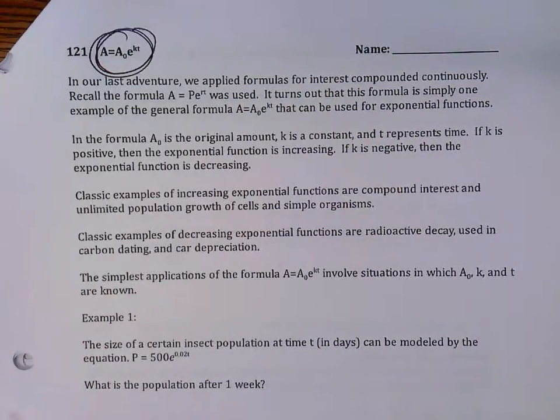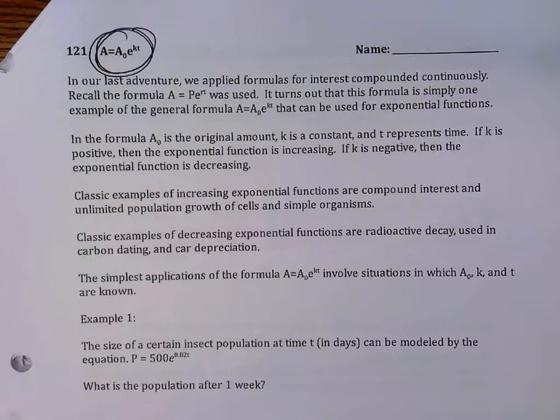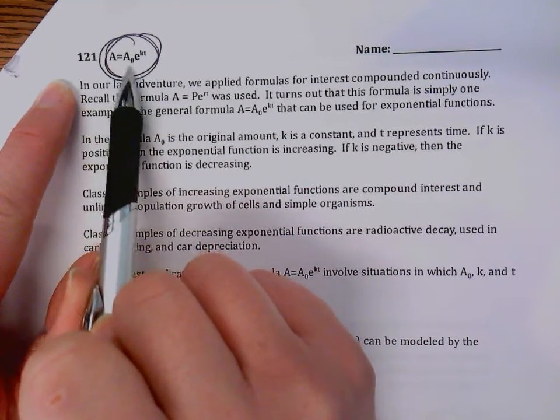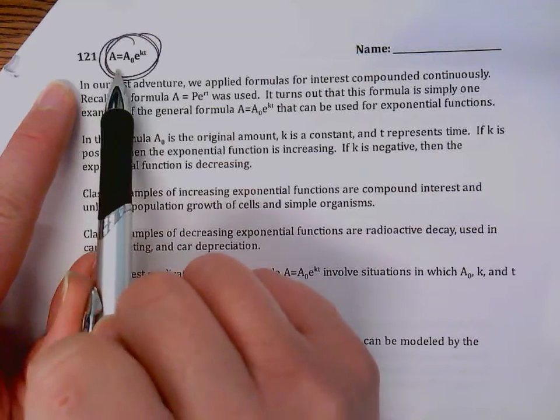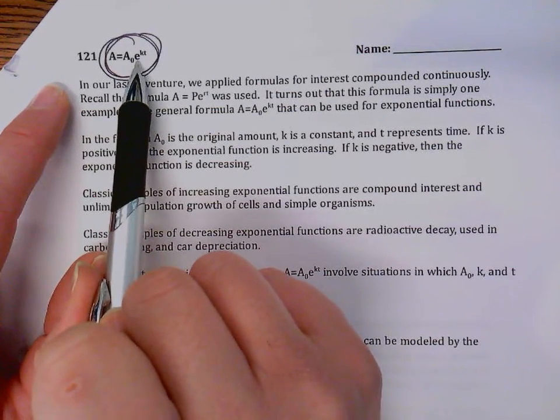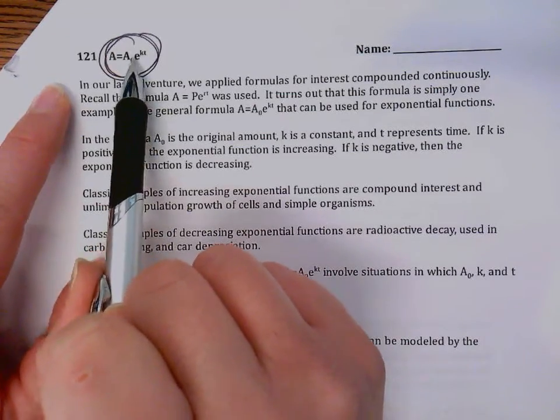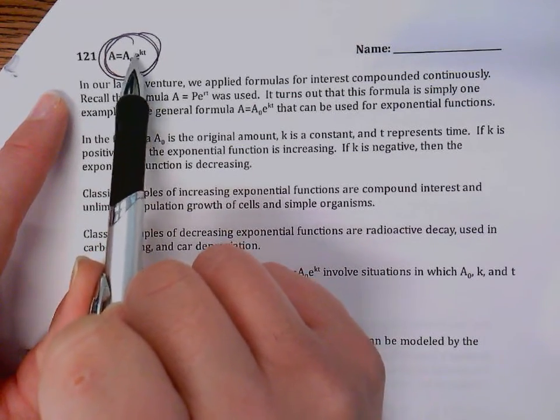This formula here is related to the compound interest formula, Pe to the rt. P is your principal. A sub 0 is your initial population. They're related to each other. e is still e. k is your interest rate. It's just called r in interest, and t is still time.